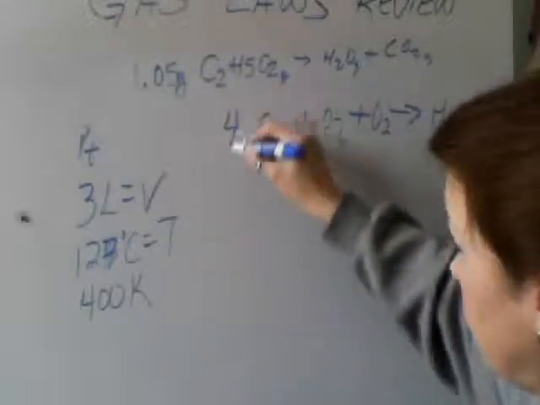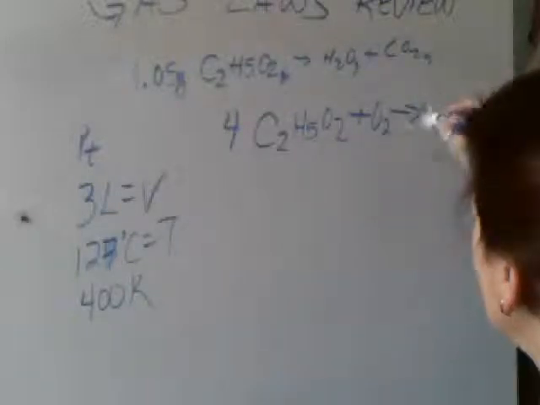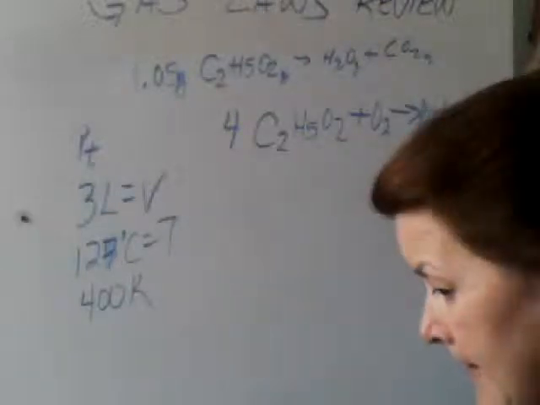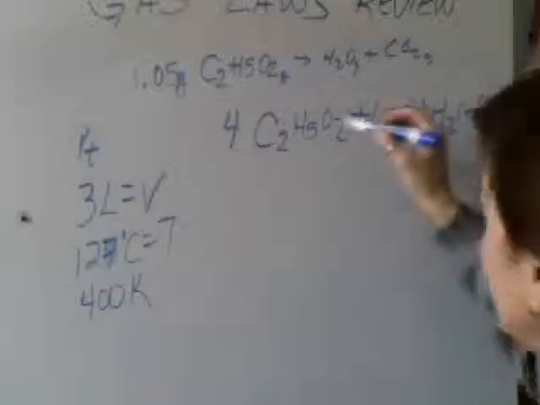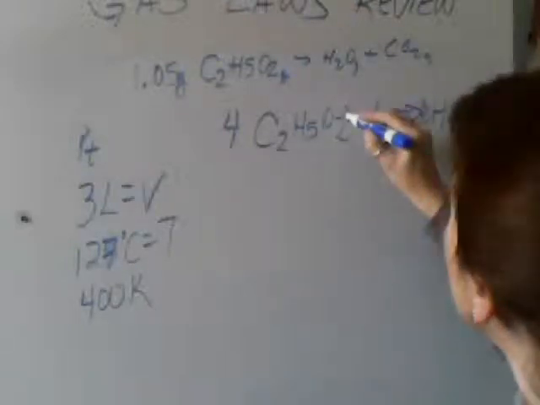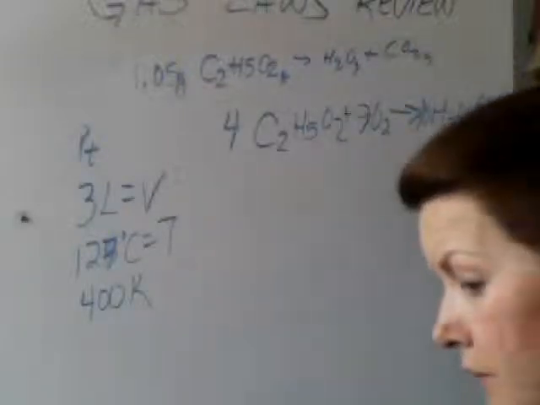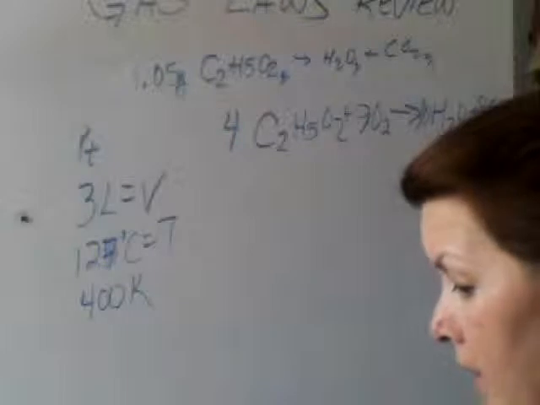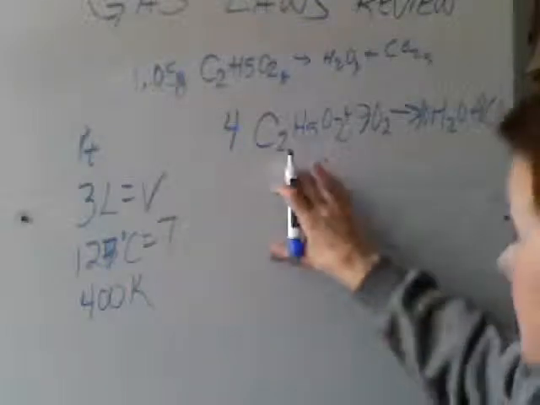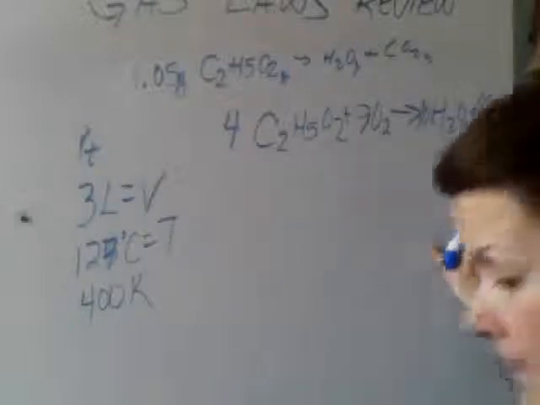We figure out we have 4 of those, and we have 10 of those, and 8 of those, and we have to balance our oxygens. We get 9 oxygens. So we write our combustion equation, and we can look at all of the ethylene glycol and oxygen are used up, and so they're all gases.